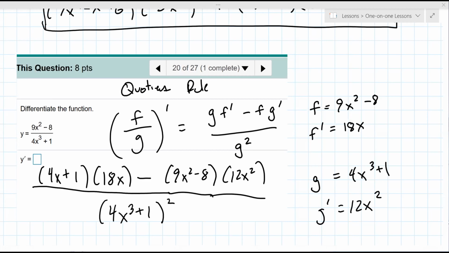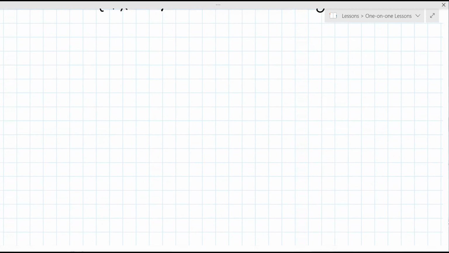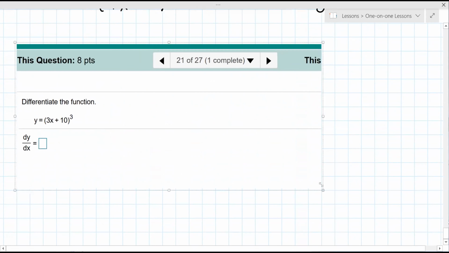21 is a chain rule question. Right, okay. The chain rule. It looks like you're going to get one of each: one quotient rule, one product rule, one chain rule. So the chain rule says, let me write it out.